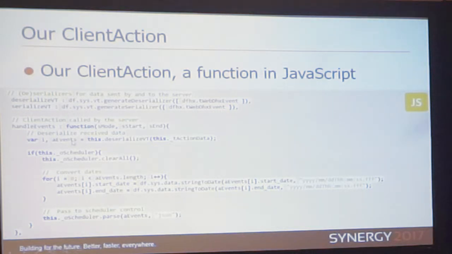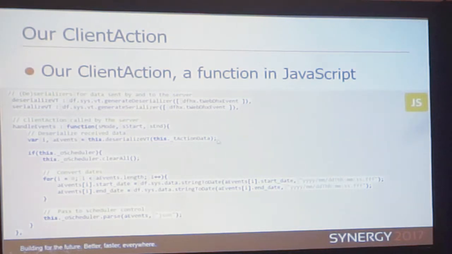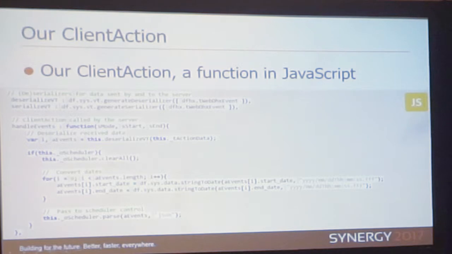So what handle events does is take that event array that we got from the server, which is serialized. We'll deserialize it back to an actual event array. Then we'll clear any existing data present inside the scheduler, go through that event array, and add them all to the scheduler. And we do that by calling on the parse method, which is in that scheduler library. And this visually adds those events to the scheduler.